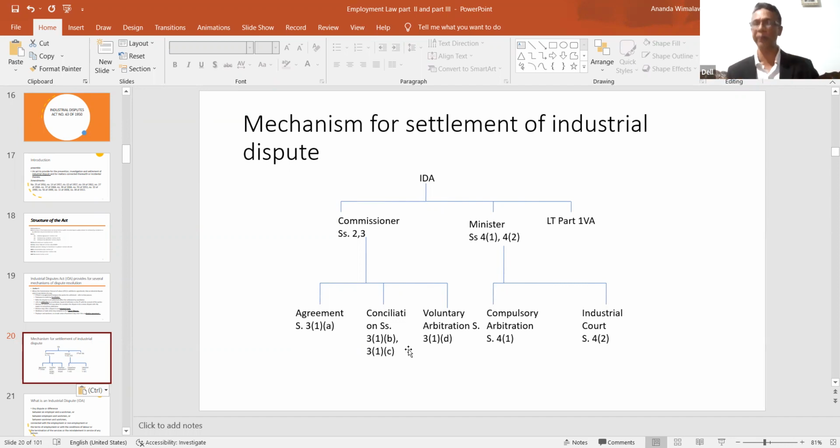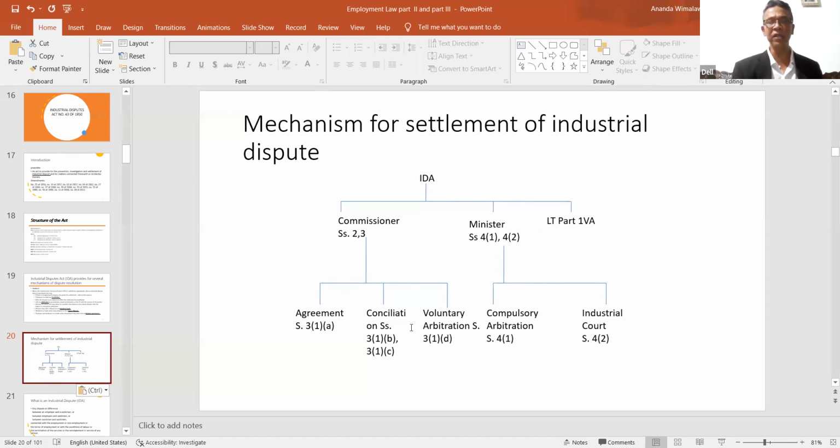But normally it is not happening. What is happening is, instead of appointing an authorized officer, the Labor Department undertakes the 3.1c conciliation process. More than 90% of the cases are settled through this conciliation process.